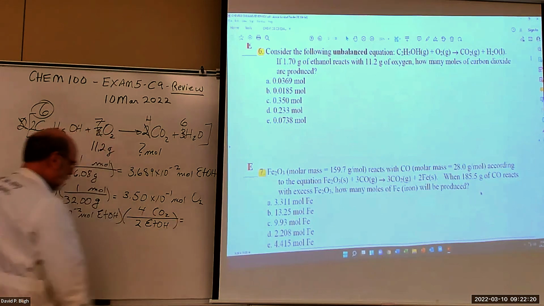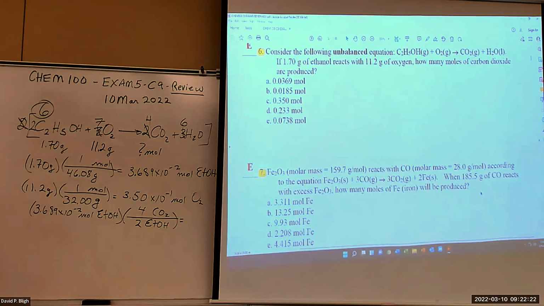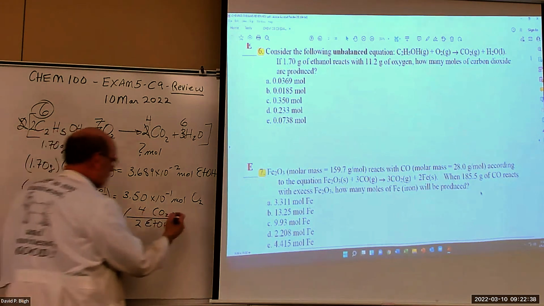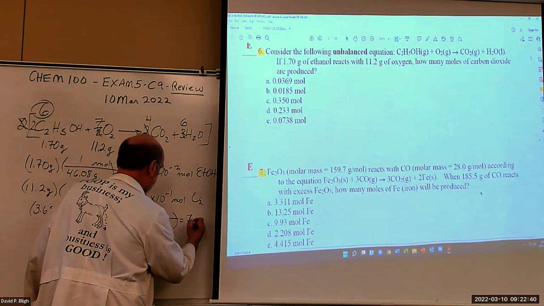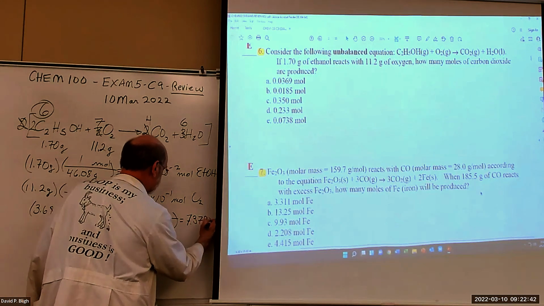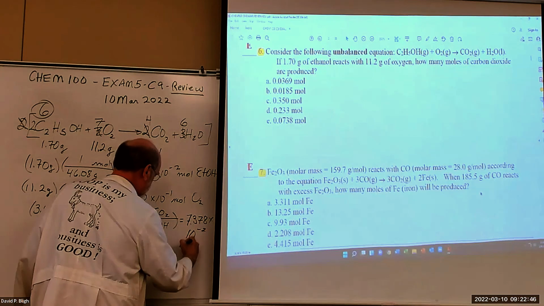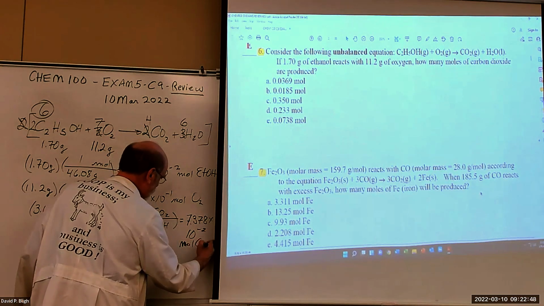So what do we get? 2 times that value? I got 7.378 times 10 to the minus 2 moles of carbon dioxide.